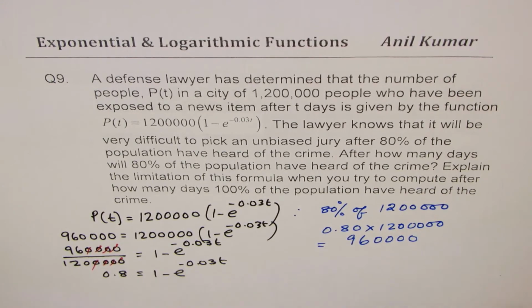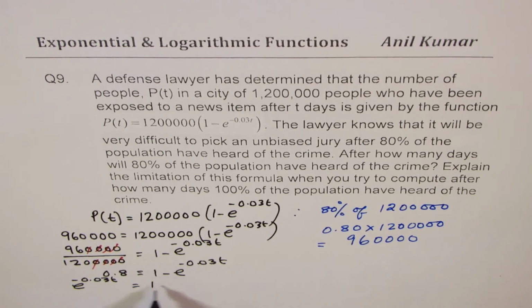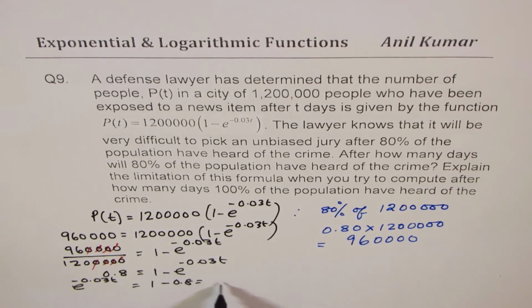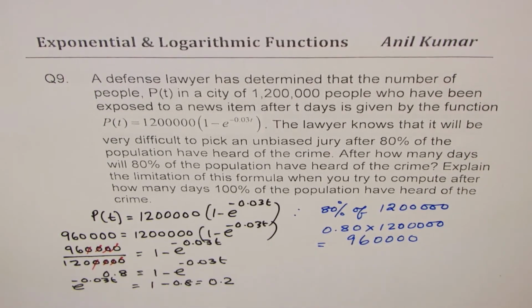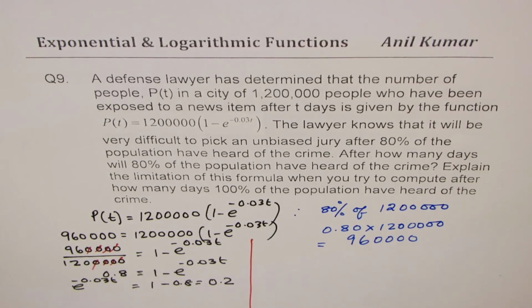So let's bring it to this side and then calculate the answer. So we have e to the power of minus 0.03t equals 1 minus 0.8, which is 0.2. So let's take log on both the sides.